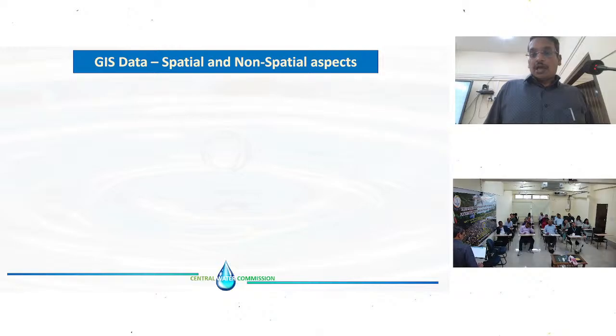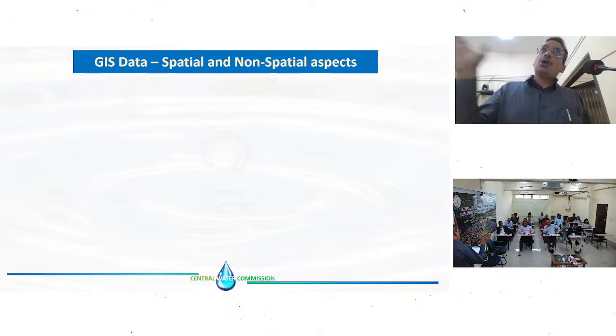So data, as I said, is very crucial for GIS, and in GIS, data has two components: spatial and non-spatial. Non-spatial data is known as attribute data. Just like in Excel, all those columns, serial number, name, all those things which have nothing to do with the location, they are non-spatial data or attribute data.